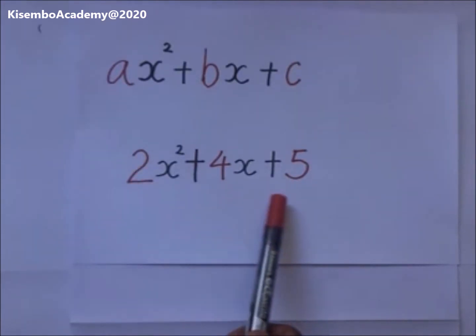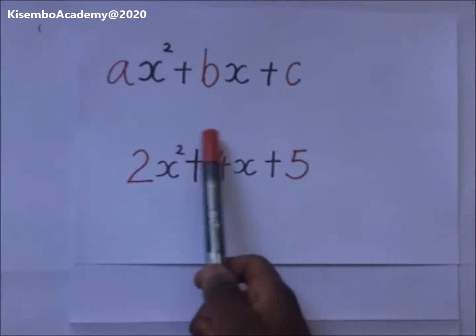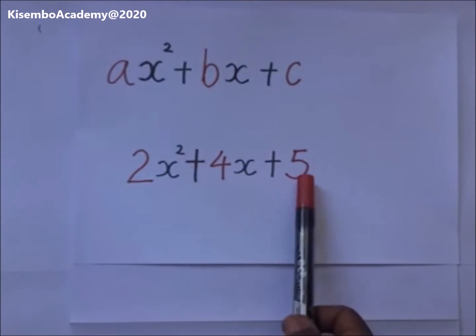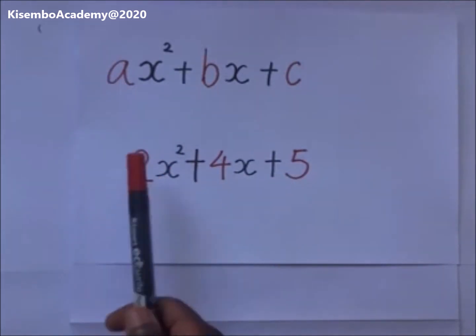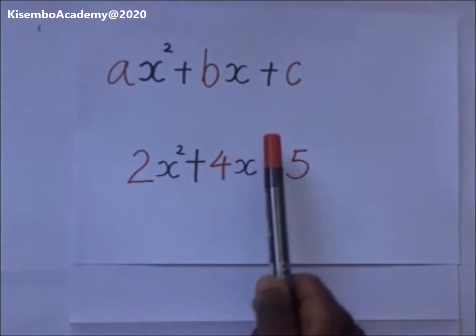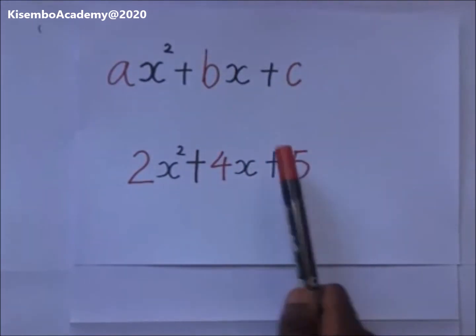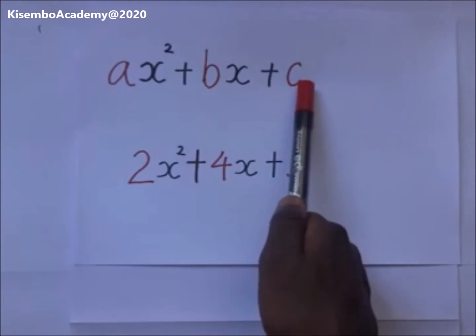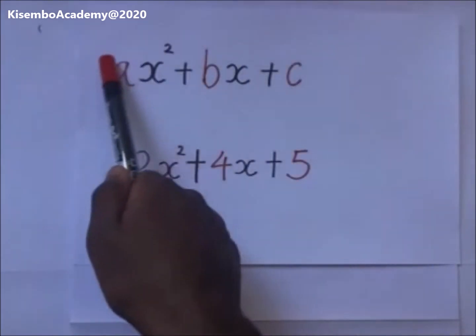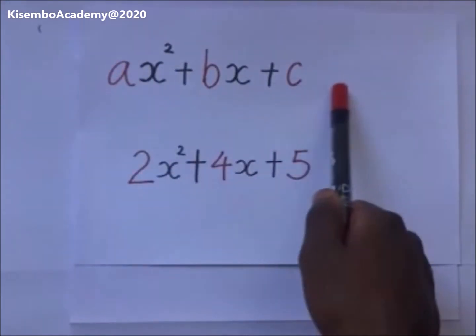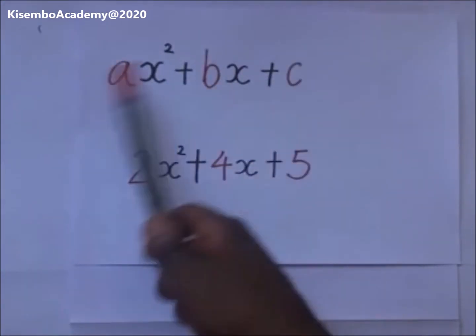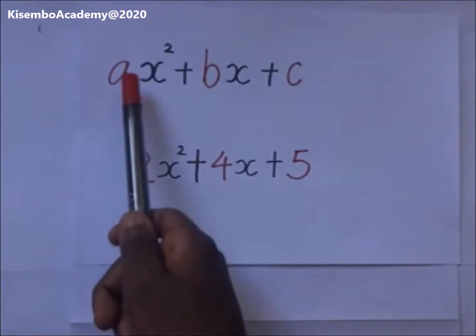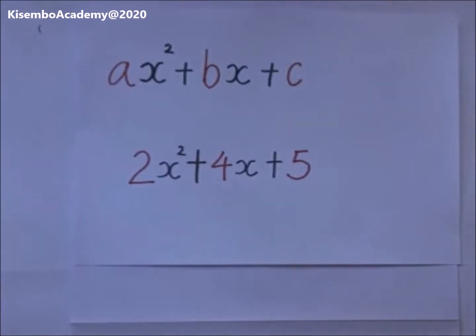For example, right here we have the quadratic function 2x squared plus 4x plus 5, where the value of a is 2, the value of b is 4, and the value of c is 5. In other words, a, b, and c are always whole numbers. It is called a quadratic function on condition that a is not 0.